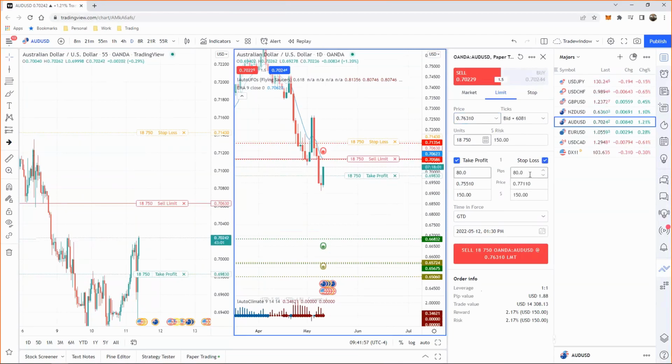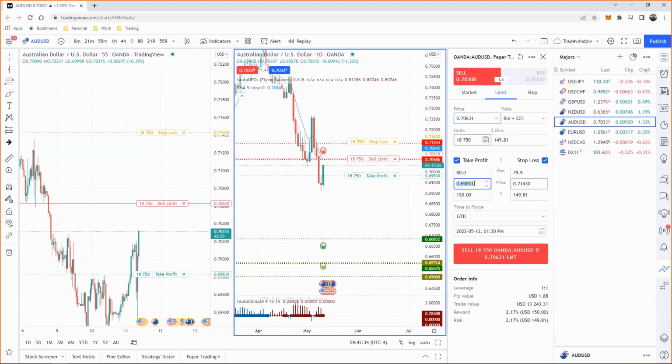I'm still going to be risking 80 pips, but this one is going to be 71430, and my entry point has to be 70631. The reason why I add this one is so it makes the entry point different. It's not because that's the right way to do it. It's because that's how TradingView is. In order for me to keep both legs of the trade separate, I have to have a different entry point.